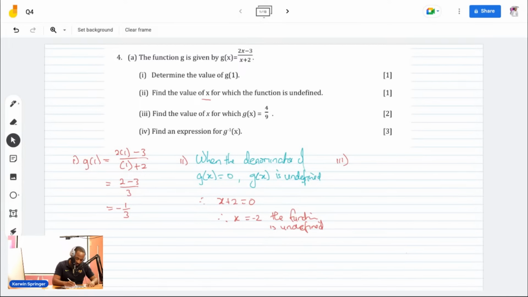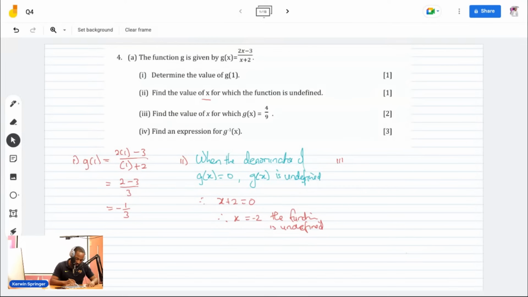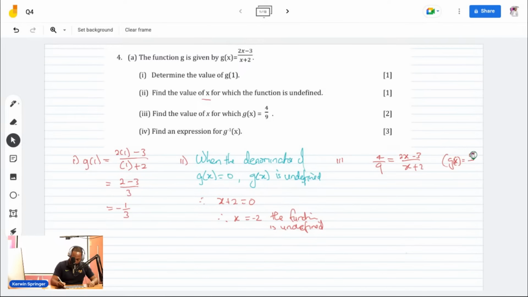So instead of replacing the x like we did with the 1, we're going to replace the whole g of x with 4 over 9. So 4 over 9 is equal to 2x minus 3 over x plus 2, since g of x is 4 over 9, right? And then we do a little cross multiply thing.